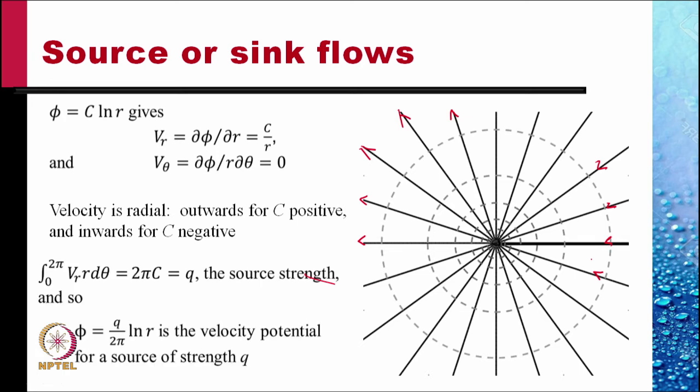If we find out the total flow, total volume flow crossing a circle of radius r, we can obtain it by integrating the r component of velocity multiplied by r d theta over theta from 0 to 2 pi, and we get this value as 2 pi c.